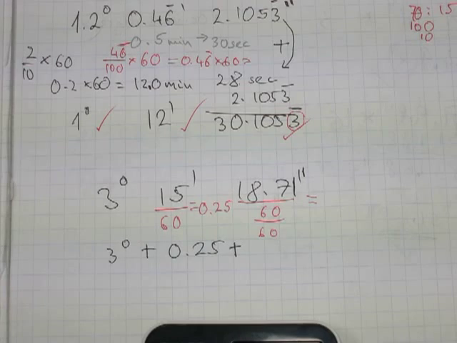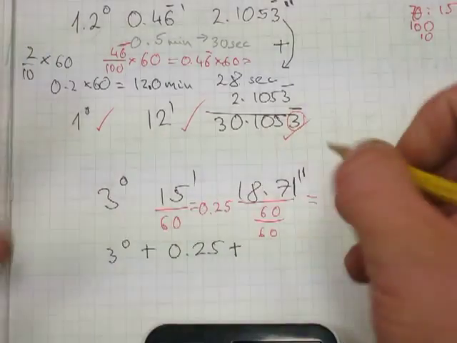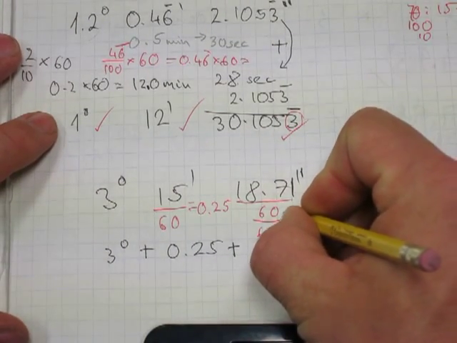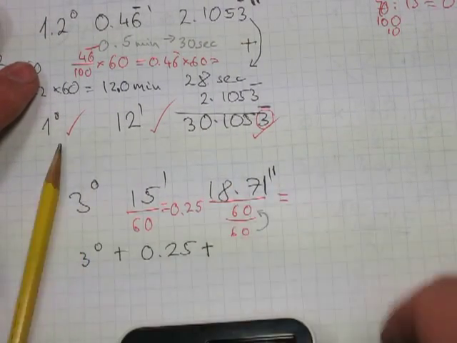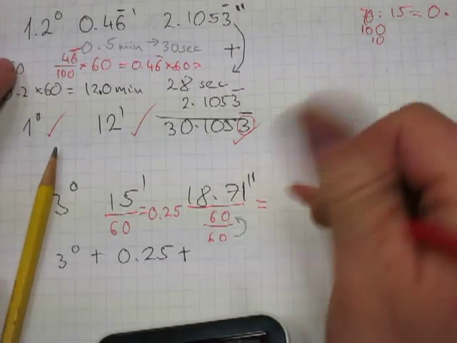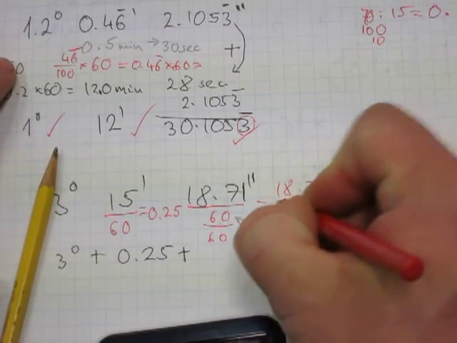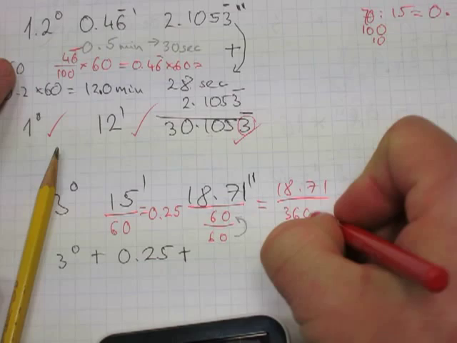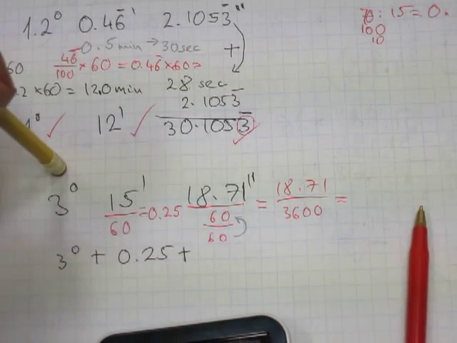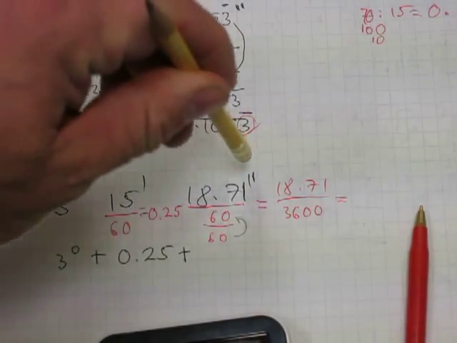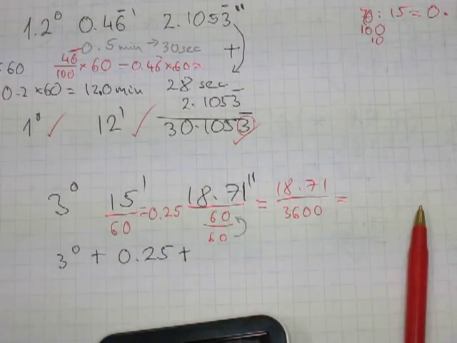From fraction division, we know that these two numbers can be multiplied as a part of the procedure, and it turns into 18.71 divided by 3600, because in each degree there is 60 of these and 60 of those, and 60 times 60 is 3600.